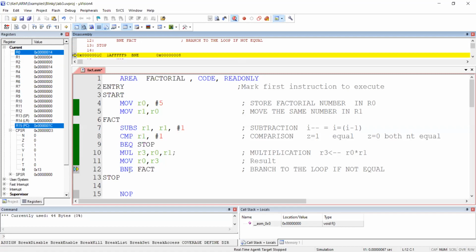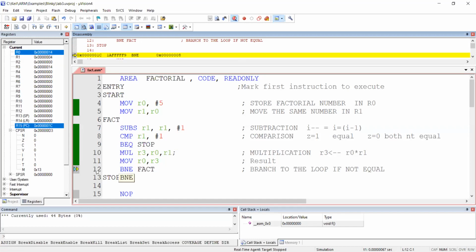Now what was the conclusion of the previous comparison? Previous comparison means line 8: 4 and 1, equal or not equal? Not equal. Now the question, listen carefully.